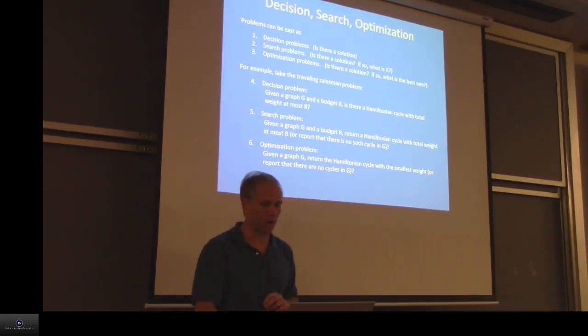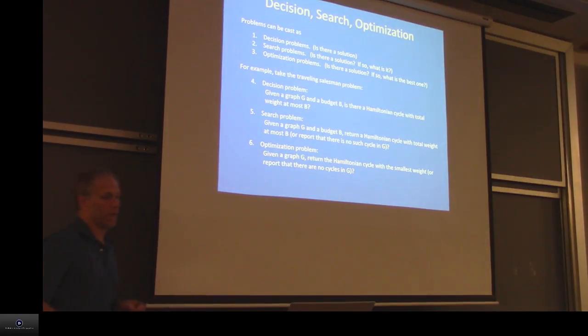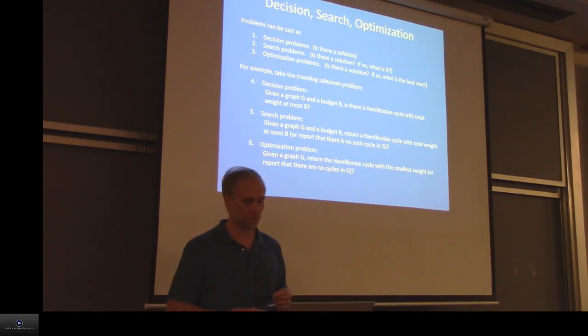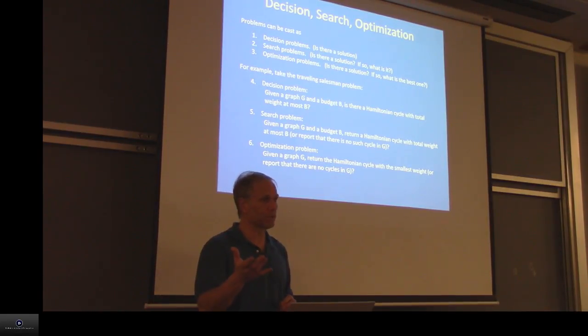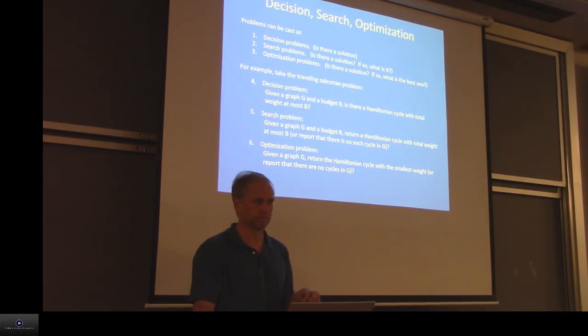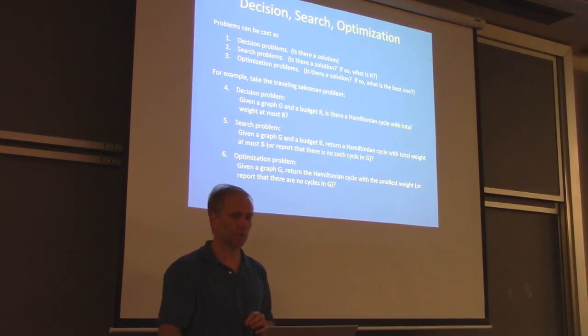And the optimization problem that we've talked about: give me the one with the smallest weight, or report that there are no cycles. So a lot of optimization problems come in search variants and decision variants, just like the traveling salesman problem does. Okay, so decision, search, optimization.